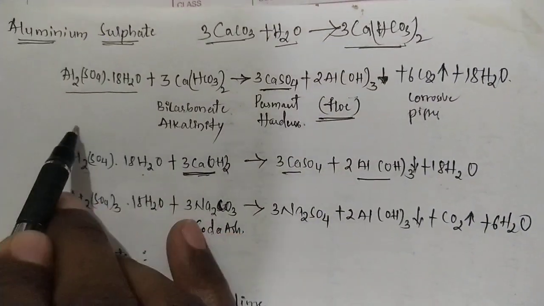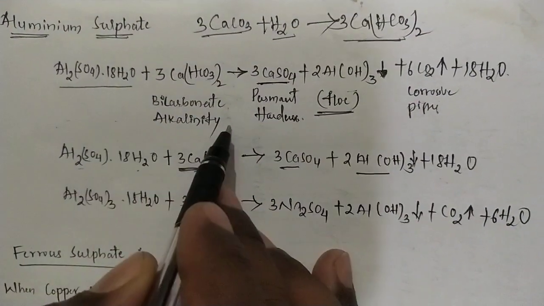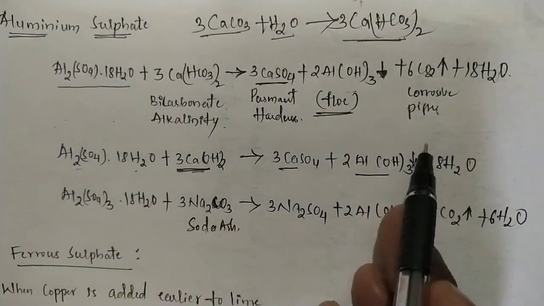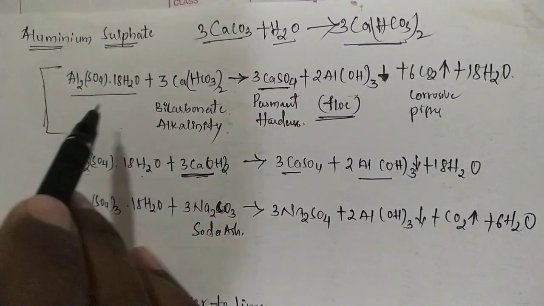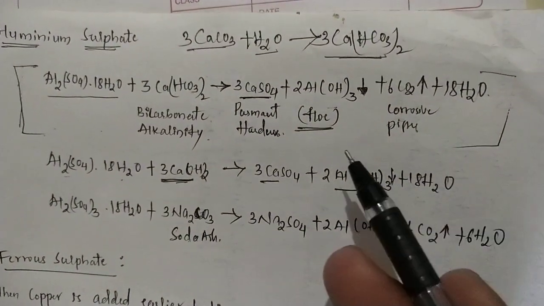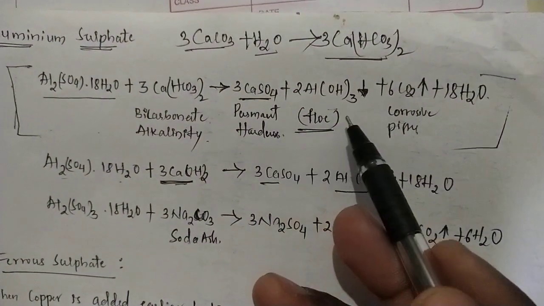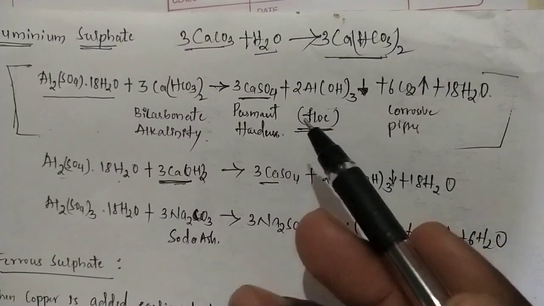All of you please remember this equation while estimating the optimum dosage of coagulants. We have to use this equation. We have to find out how much carbon dioxide is liberated and how much aluminum hydroxide is liberated.